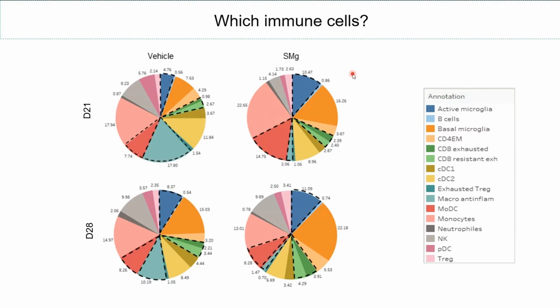We analyzed this after 21 or 28 days post-graft. And what we could see is that with the treatment, we increased the active microglia, we increased the CD8 subtypes, we decreased the anti-inflammatory macrophages, so these P4, P5 macrophages, and also we increased the monocyte-derived cells.